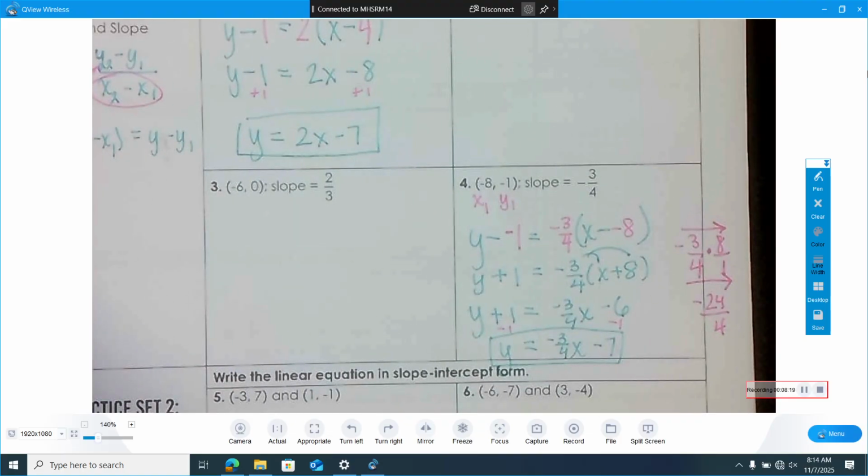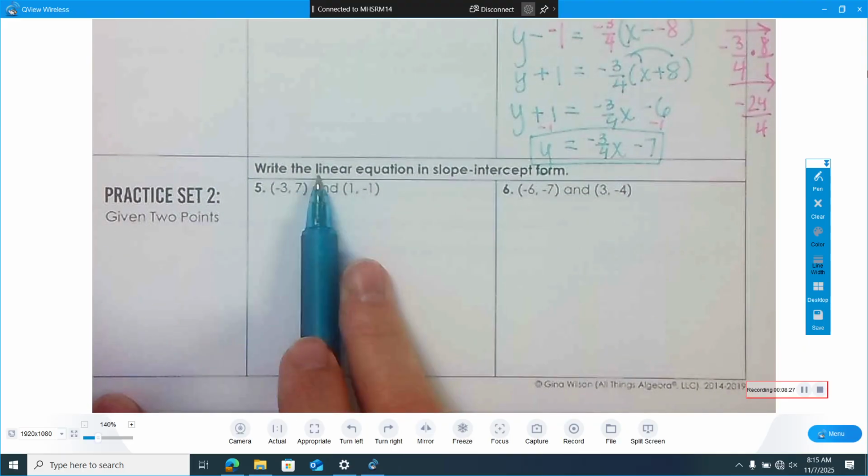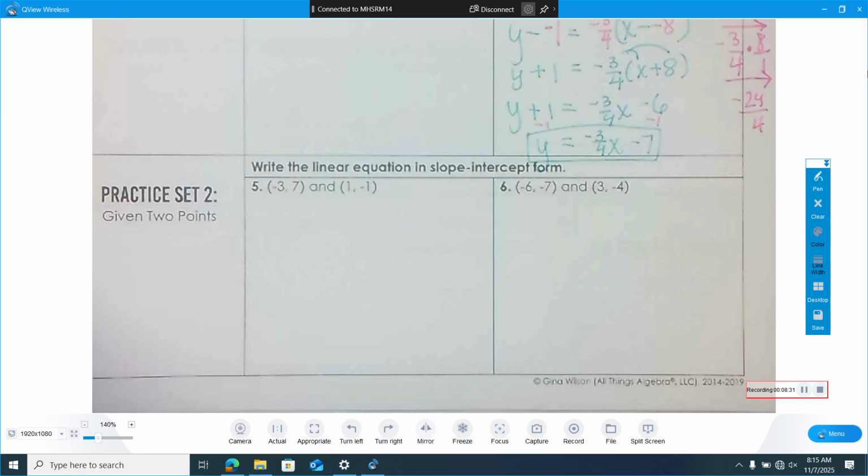Okay. So, if we have a point and a slope, super easy to write the equation of a line using our nice little formula. But then what do we do if we have 2 points? Can we still use our point slope formula? If I have 2 points, can I figure out the slope?